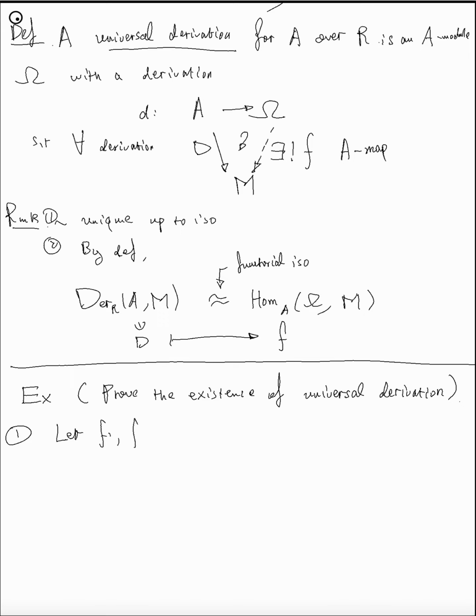Let F1, F2 be two homomorphisms of R-algebras. So A and B are two R-algebras. Let J be an ideal of B such that J squared equals 0.